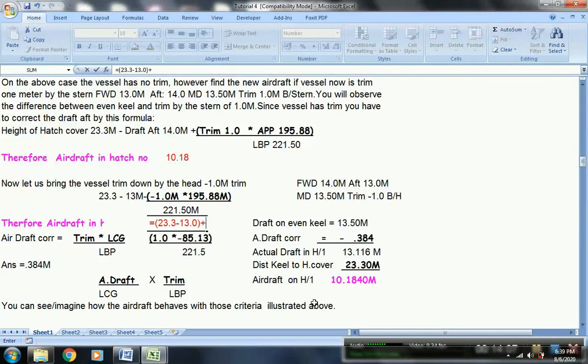Then plus open -1, because you are trimmed by the head, multiplied by the same distance, 195.88, then close, then add another parenthesis. Oh, something is wrong.